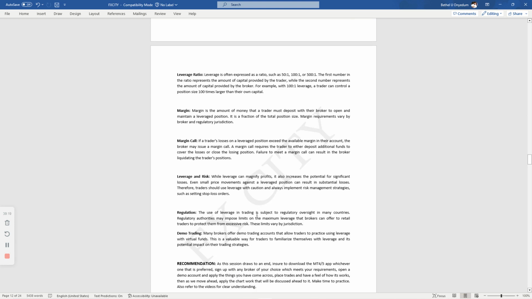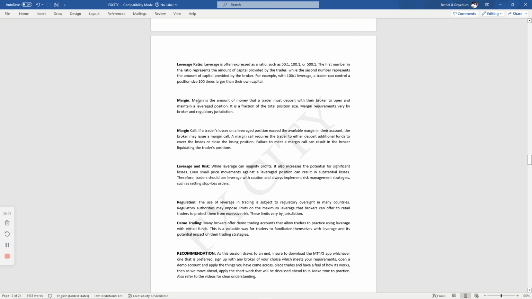Then you have margin. Margin is the amount of money that a trader must deposit with their broker to be able to open and maintain a leveraged position. So if you want to open a 0.01 lot on maybe GBPUSD and you have, let's say, $1, depending on your leverage, it can open.